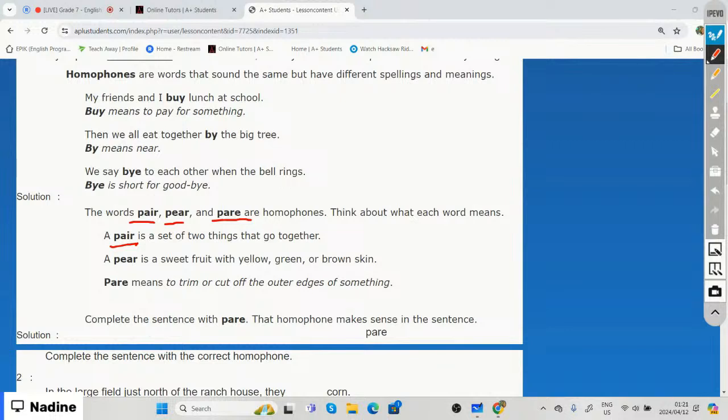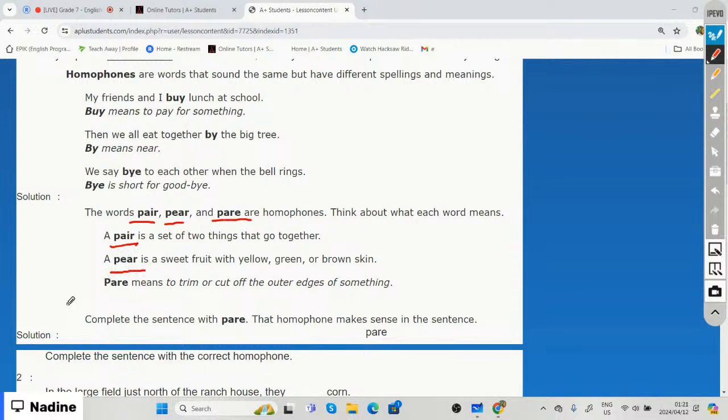All right. Then we have the second word, pear, which is the fruit. A pear is a sweet fruit with yellow, green, or brown skin.